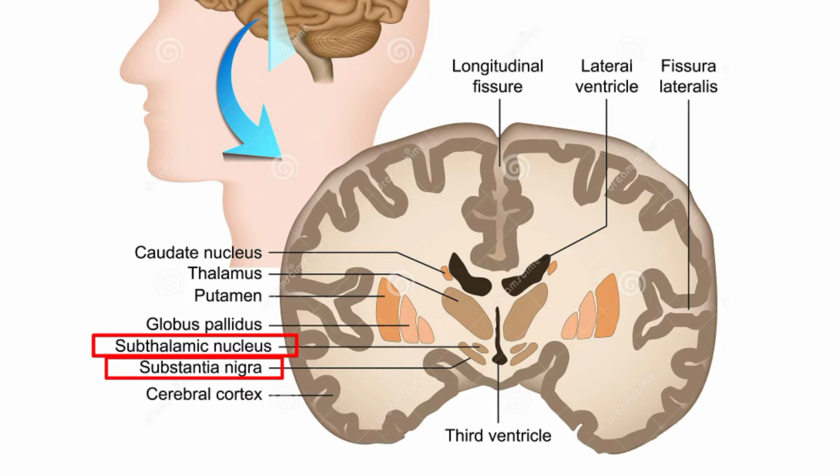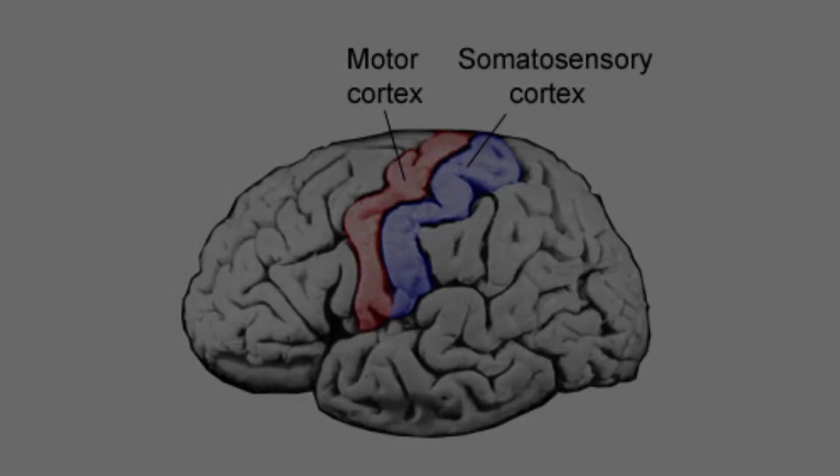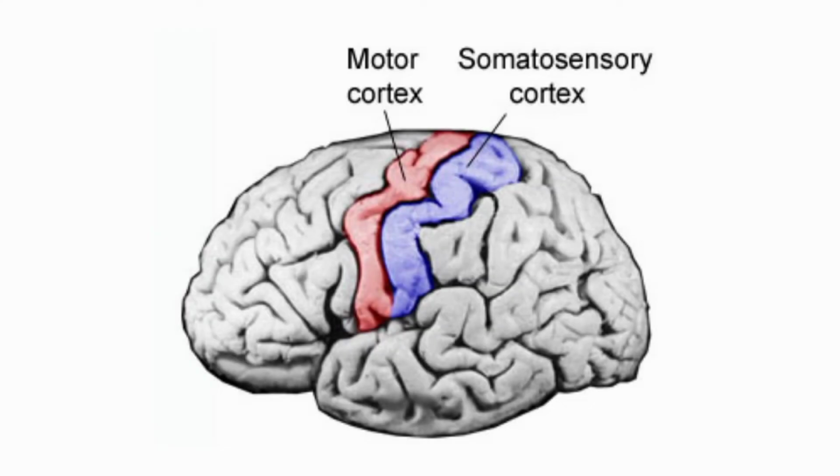Before going towards the pathway, let's discuss one last thing about the functions of the basal ganglia, which is the motor function. We know that the motor function is coordinated by the cerebral cortex. We have different regions in the cortex which are involved in the motor function.